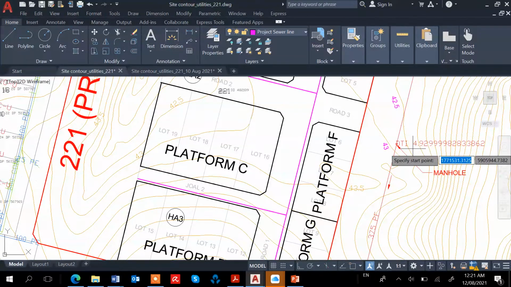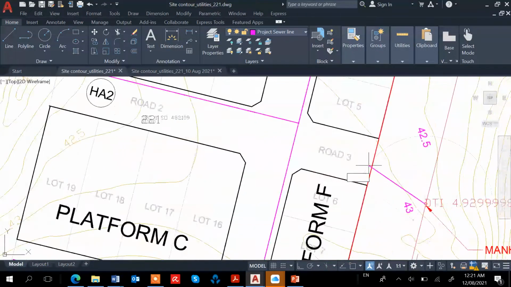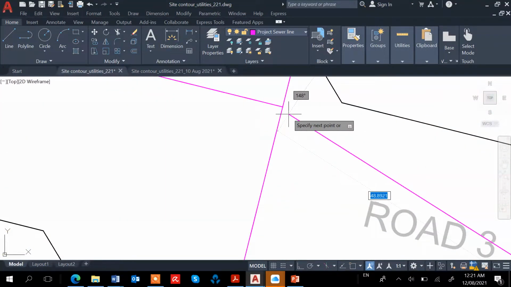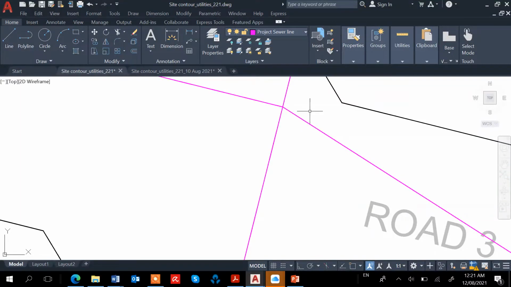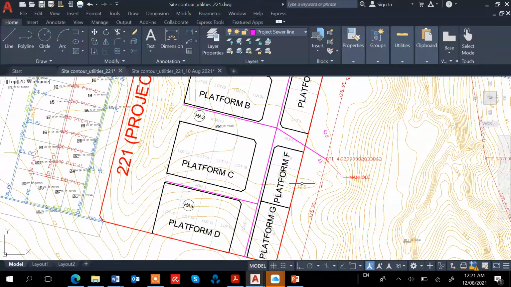So I will put it, let's say near, NEA, near. I just join this place, intersect. Okay, so this roughly is the layout of the sewer pipe.